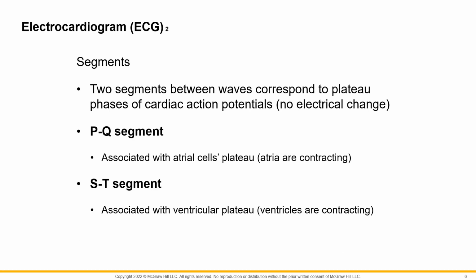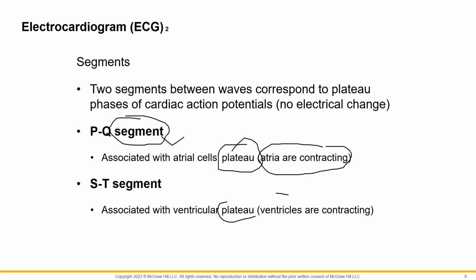The next components are known as segments. So in segments, you will notice flat lines or plateaus on the graph. So plateaus or segments are where you're not going to see a lot of electrical activity, but you're seeing the flat or the plateau-like activity because a muscular event, contraction or relaxation, is what is going on during those times.